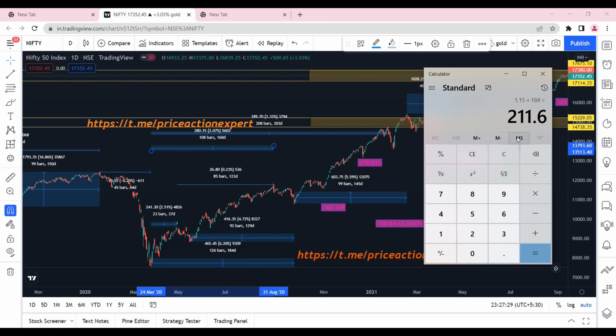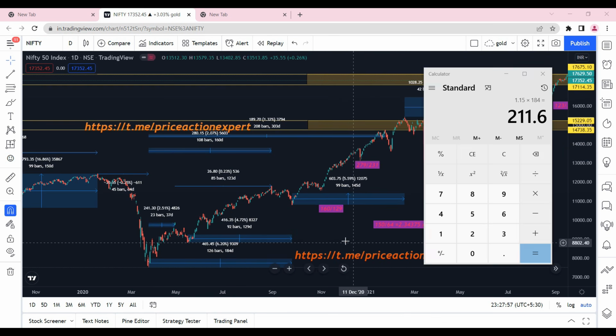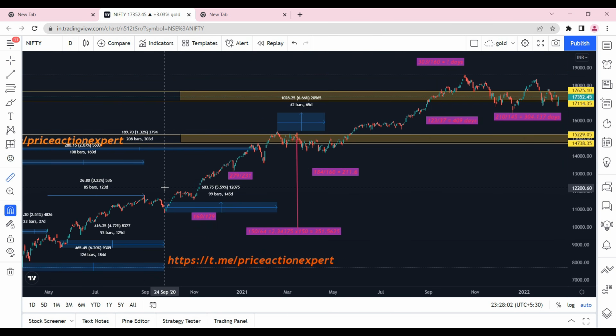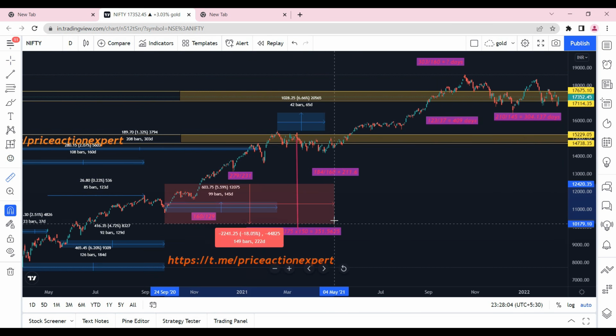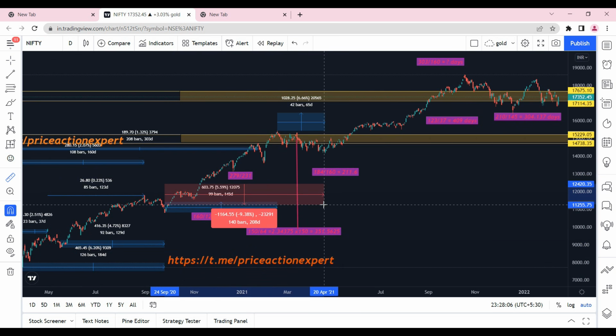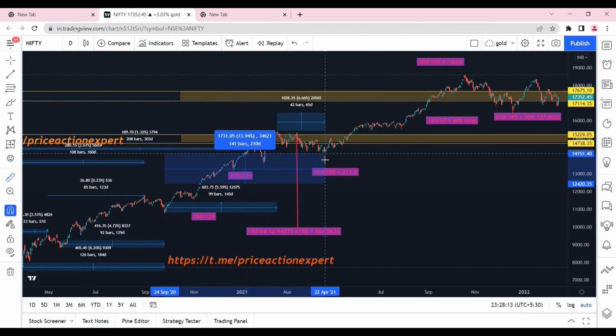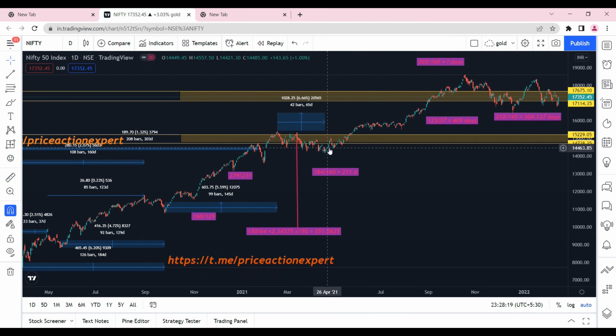That will give you 211.6. So we are going to start from this price and mark 211 days. 210, 211. That's the exact bottom where the price went up. So we have got nice time at this place.